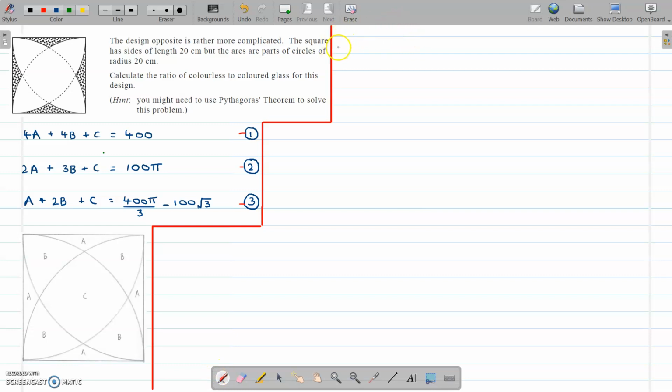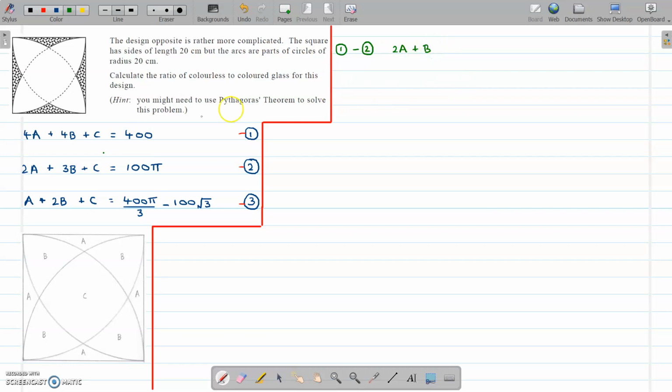And this is how it works. We're going to start by subtracting equation 1 from equation 2. So we quite literally subtract the left hand sides and the right hand sides. We get 4a take away 2a is 2a. We get 4b take away 3b, leaves me with just b.